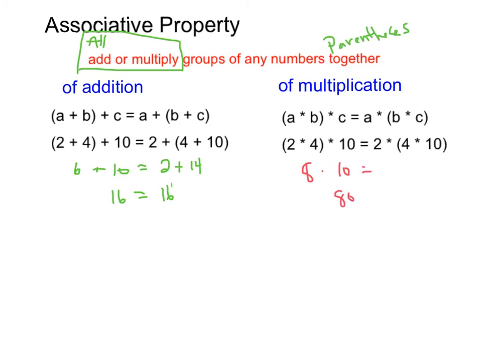And that is equal to 2 times, here, 4 times 10, which is 40, which is equal to 80 as well. So you can see it doesn't make a difference how we arrange them or how we group them. Our answers will still come out to be the same. So we have our commutative property, which allows us to move things around, and our associative property that allows us to change the groups of what we have.